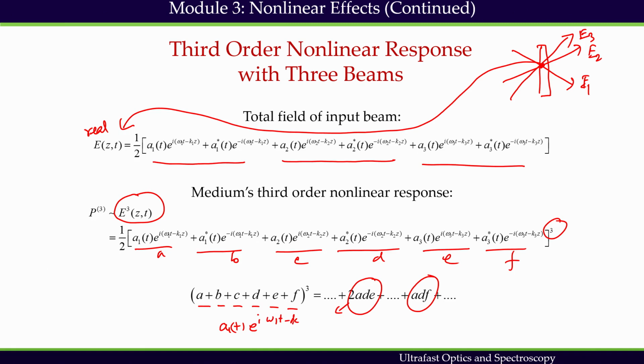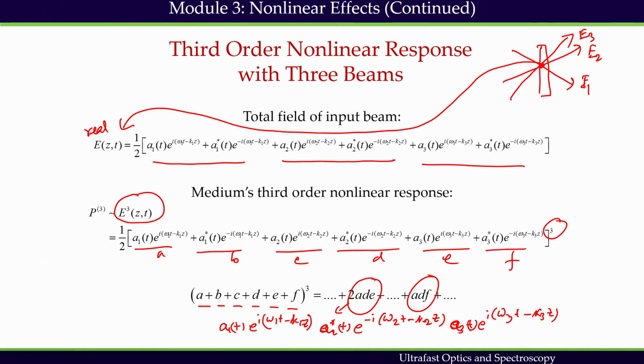So the ADE term is going to be A1(t) e to the power i(omega 1 t minus k1 z), multiplied by D, which is A2 star(t) e to the power minus i(omega 2 t minus k2 z), multiplied by E, which is A3(t) e to the power i(omega 3 t minus k3 z).